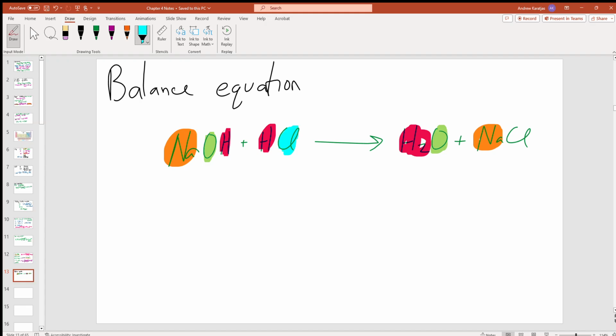And we started with a chlorine. And we ended with a chlorine. So you can see we have the exact same number of atoms on both sides of our reaction. So that means our equation is balanced. But not every equation starts that way.